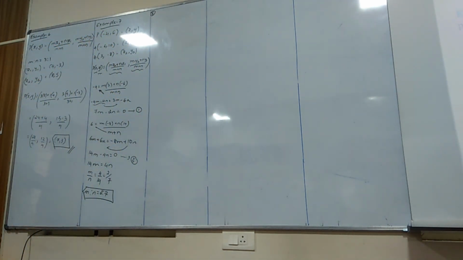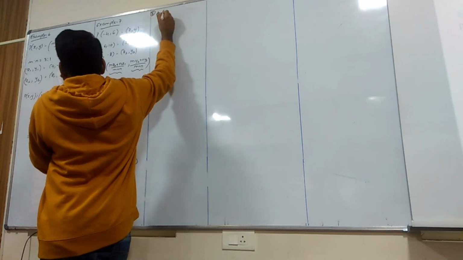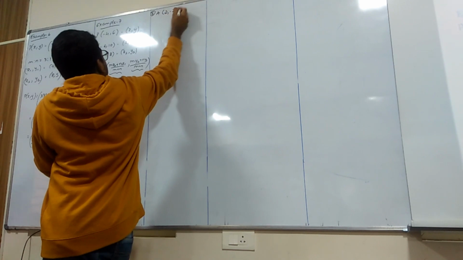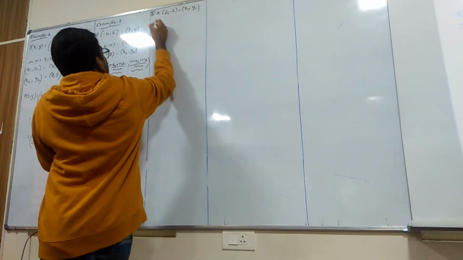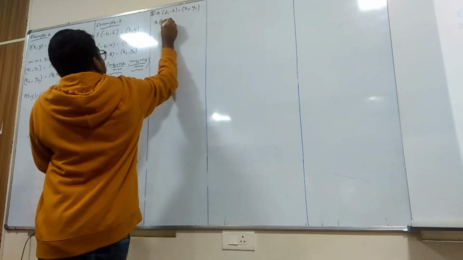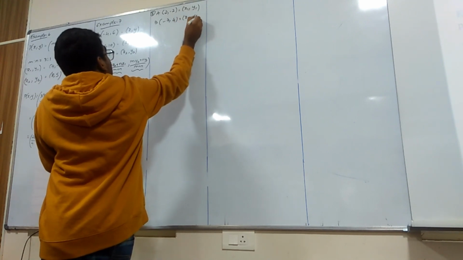So what is my A? 2 comma minus 2. This is my x1 y1. What is my B? Minus 7 comma 4. This is my x2 y2.